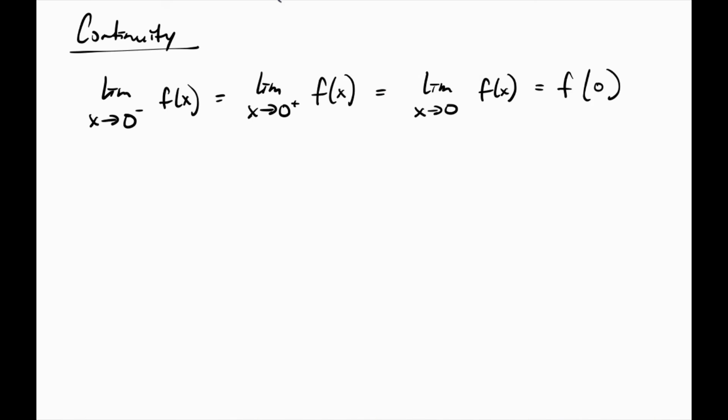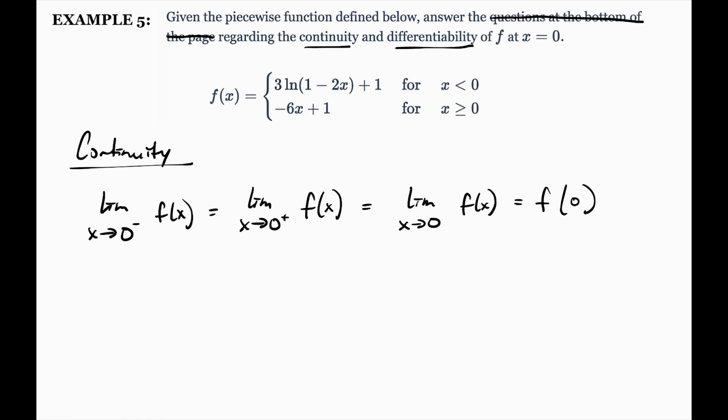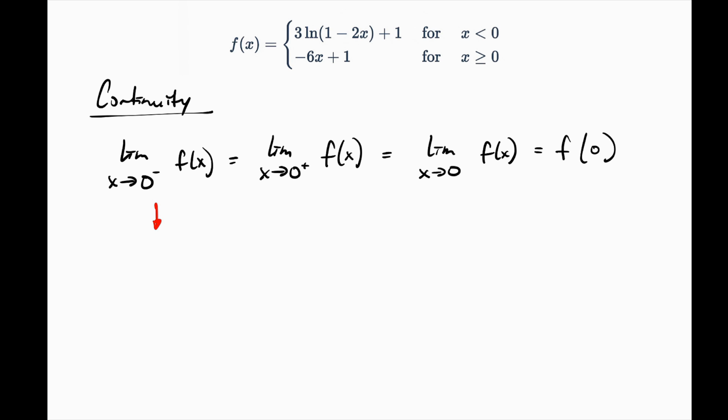Okay, so just so we don't run out of time, get started. So continuity, that's the way you set it up. So 0 from the left, 0 from the left. So if I check 0 from the left, I'm going to plug it into the top one. Okay, so anywhere there's an x.